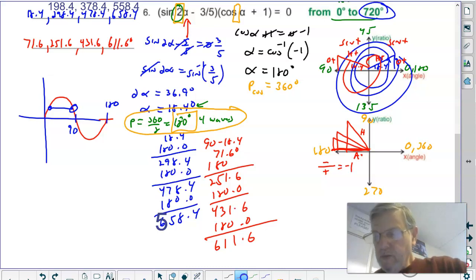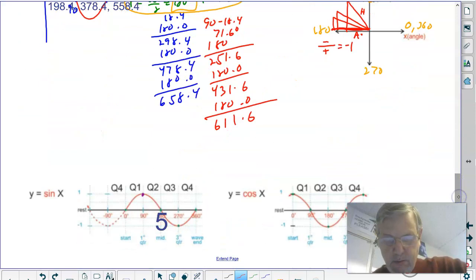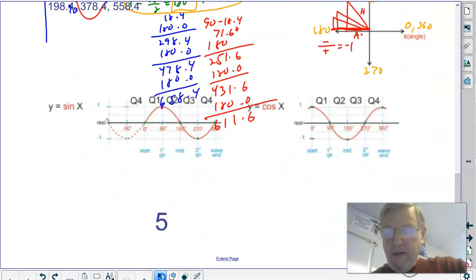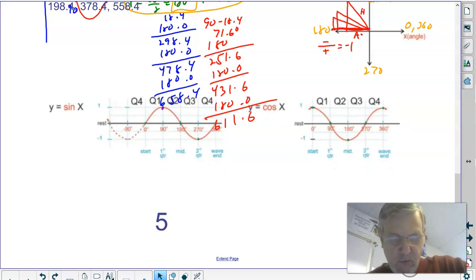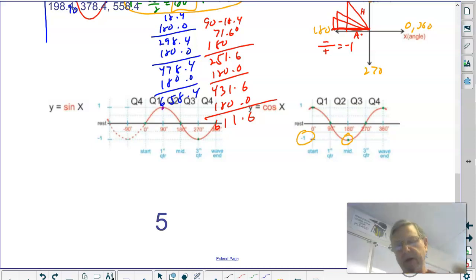That's not the easiest way to figure that out. If you go back this way, much easier. Where is the cosine a -1? At 180. So the radial view is much easier.